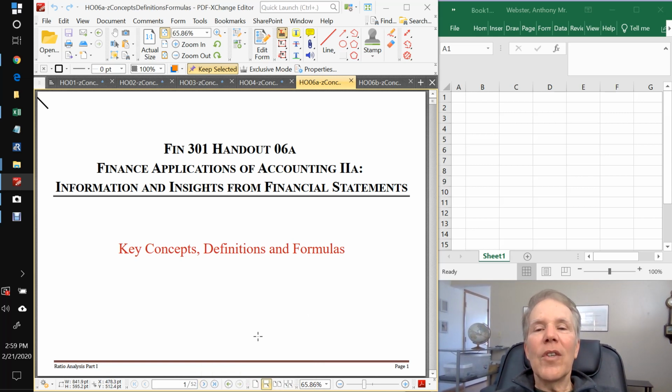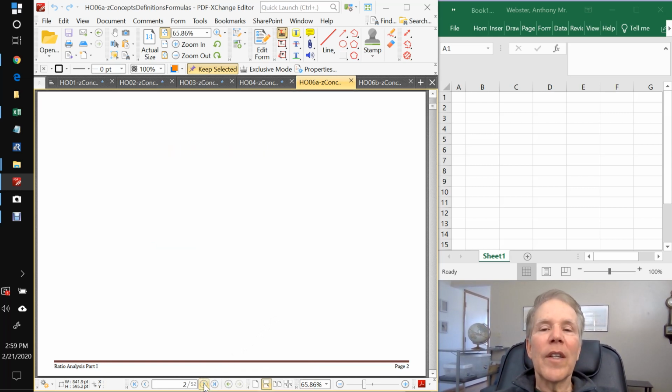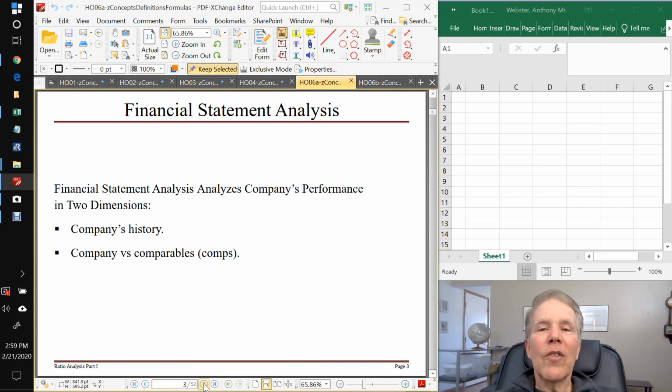So we're still looking at finance applications of accounting, but now we're going to be focused on what we can draw out of all the financial statements, not just the balance sheet. And we're always going to be looking at the company's history and company versus comps.